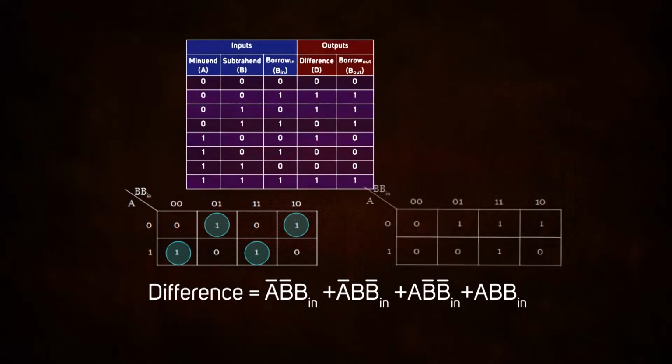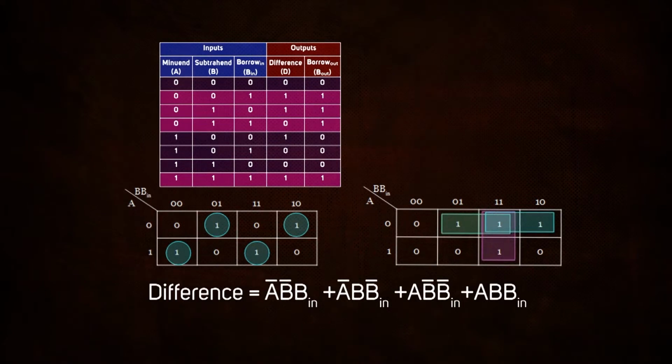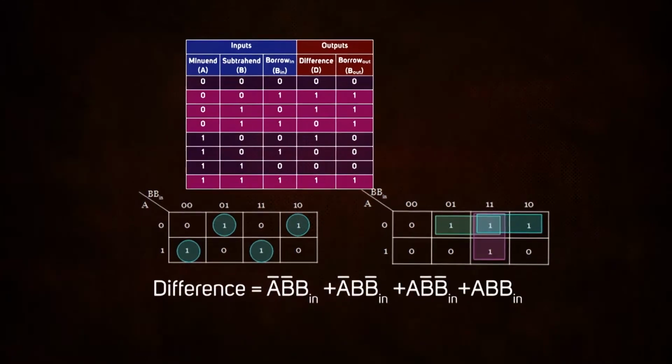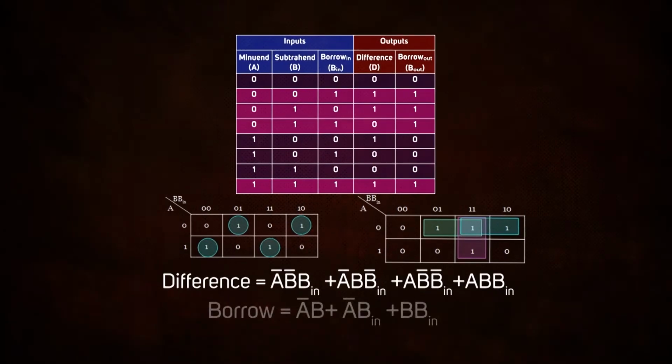Then draw the K-map for the output function borrow out. The input values 0, 0, 1, 0, 1, 0, 0, 1, 1 and 1, 1, 1 produce 1 at the output borrow. Map the ones. We get 3 pairs and the sum of products expression for borrow out can be written as A complement B plus A complement Bin plus B Bin.